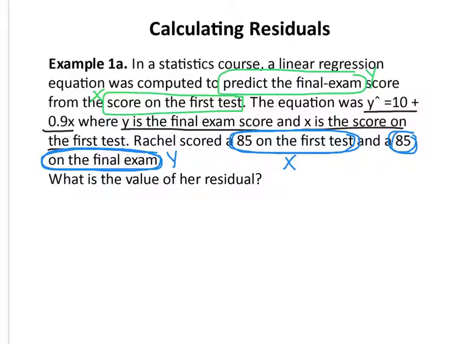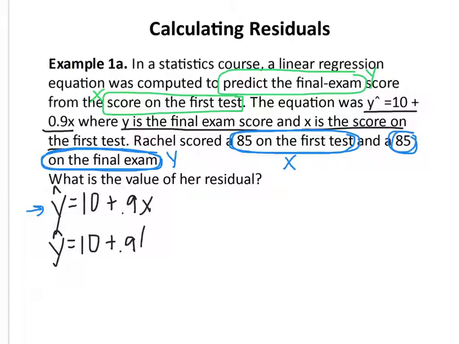If this is the equation for the whole class, y hat equals 10 plus 0.9x, to find Rachel's predicted score I say y hat equals 10 plus 0.9 times 85, and that 85 is the score she got on her first test.